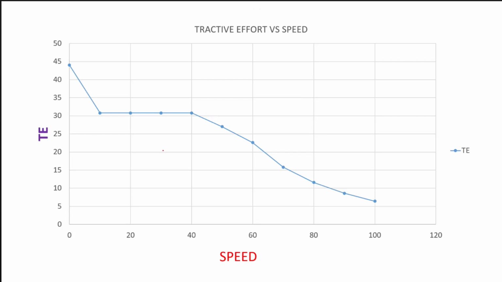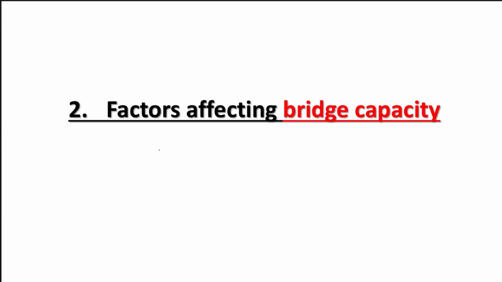Then as soon as the speed increases after 30-40, the tractive force requirement drastically reduces. These are the factors of the rolling stock which determine the hauling capacity. The second factor I am talking about is the bridge capacity, because this class is about the interaction between rolling stock and the bridges.